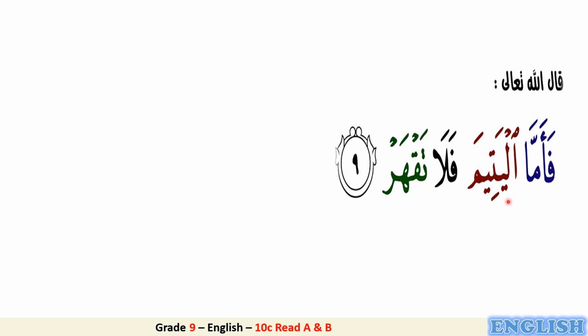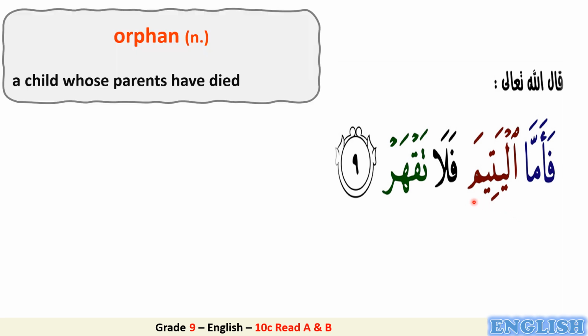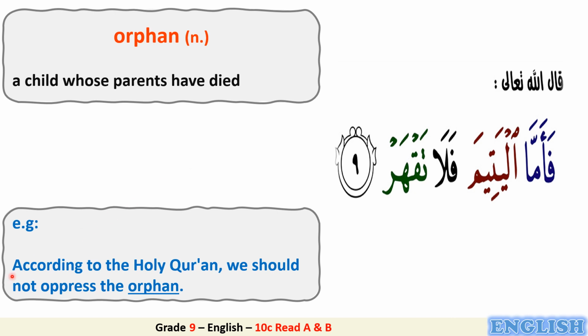Look at this word. Orphan. And it is a noun, which means a child whose parents have died. Look at the following example. According to the Holy Quran, we should not oppress the orphan.